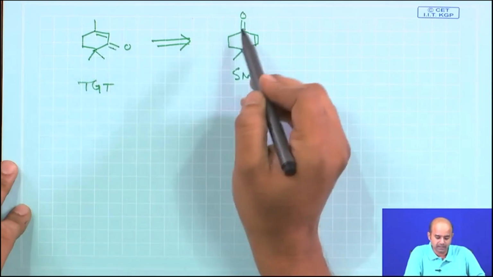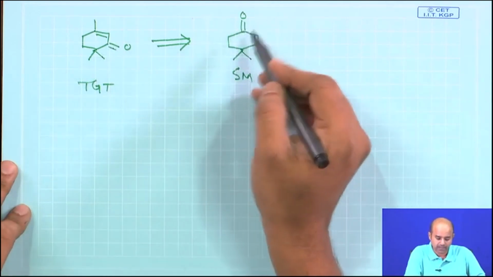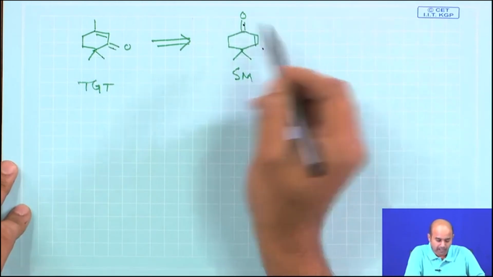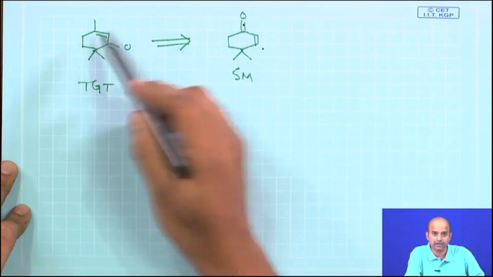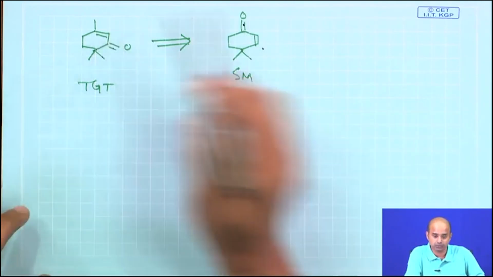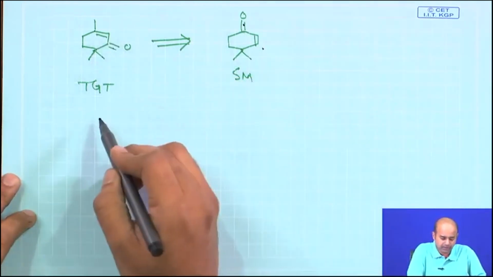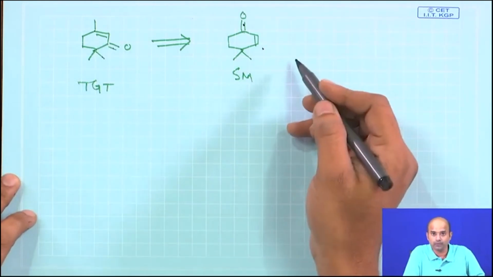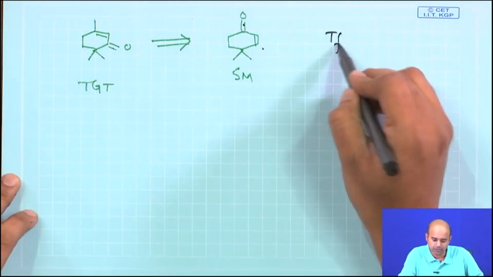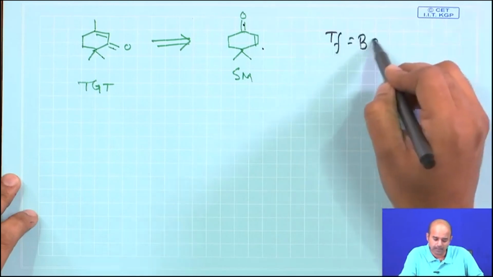From here it came into here, and one extra methyl group was added. So, the target molecule has one extra methyl group. As I said, if you are not familiar with a suitable transformation, the transformation which we will now be talking about is named Babler oxidation.